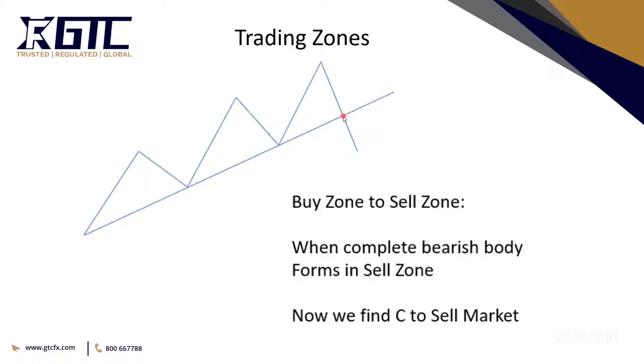If the wicks of the candle are touching, it is okay. Let's say half the wick is in the buy zone and half the wick is in the sell zone, it is okay. But if the body is touching, like this, okay.